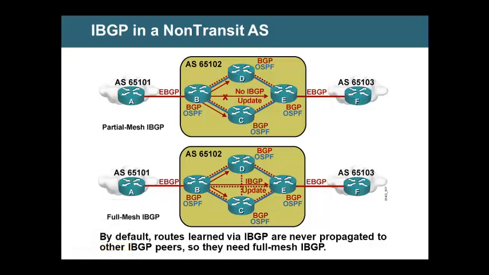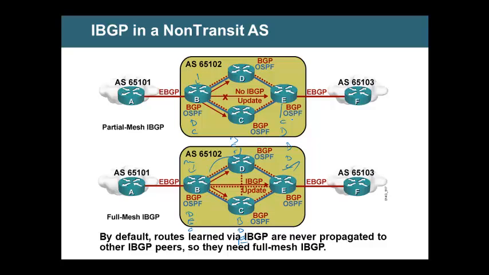In B, you should say E as a neighbor, not just D, you also need to say E. So in B, you have to say neighbors as D, E, and C. In C, you have to say neighbors as B, D, and E. In E, you have to say neighbors as B, D, and C. Likewise, in D, you have to say neighbors as B, C, and E. Whereas here, you have only neighbors with D and C, not with E. Here you have only neighbors with C and D, not with B. Now, why is it so important?